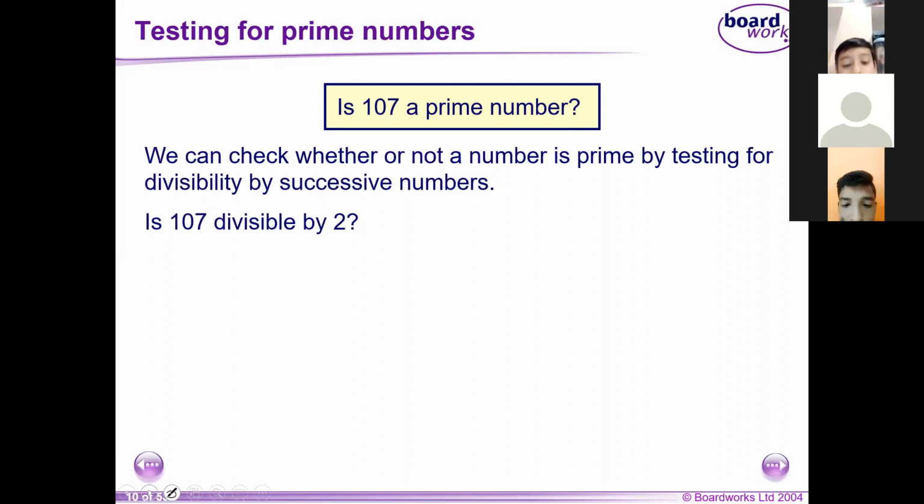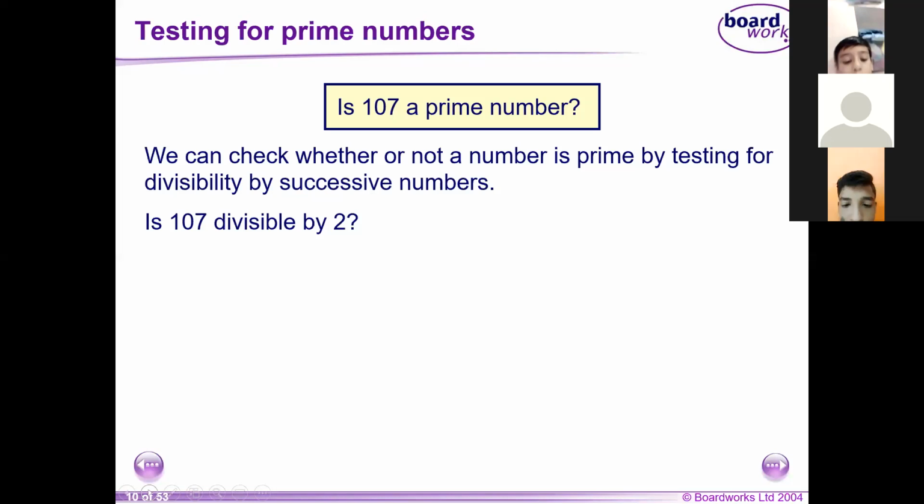First, if we have to check whether a given number is a prime number or not, we first check whether it is divisible by 2 or not. So can you tell me, is 107 divisible by 2? No, it is not, because for divisibility by 2, it is very important that the unit digit should be 0 or any even number.